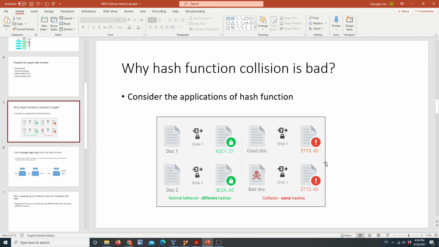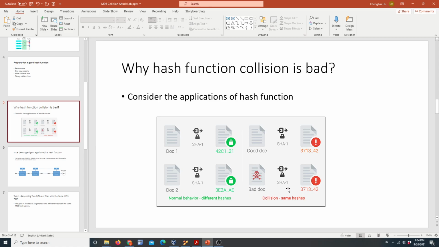But if the attacker can launch a collision attack, the attacker can replace the good document with a bad document, and the bad document may have some malware or some harmful files.